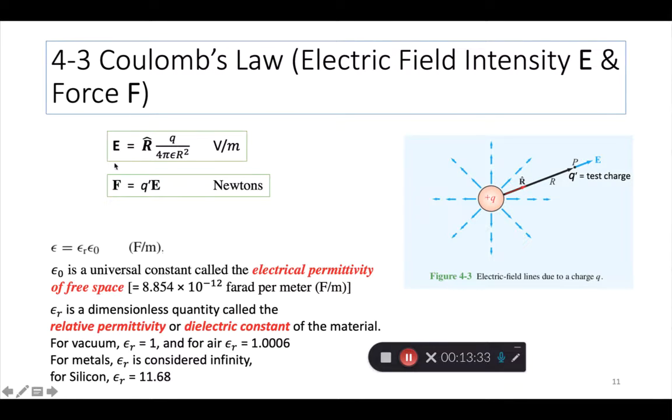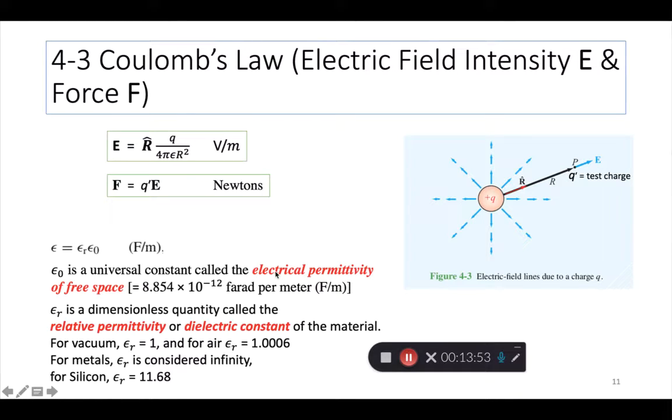And what is E? It's the source charge Q, which creates the field, divided by 4 pi epsilon r square. We have seen this before, and I have just repeated everything about epsilon that I had already shown you.